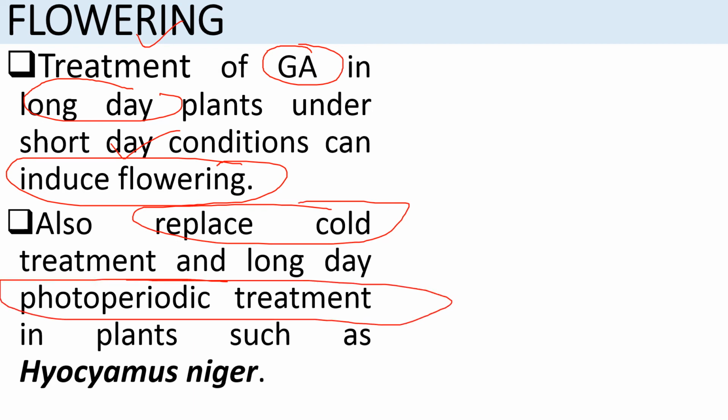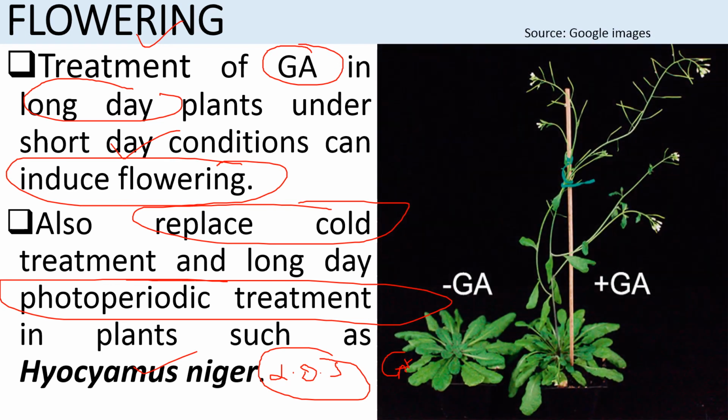For example, this is a plant which is known as Hyoscyamus niger, जो कि एक long day plant है, but इसमें flowering को short days condition में induce कर दिया जाता है by the application of GA, gibberellic acid. So this is without GA, this plant shows rosette habit, but when it is treated with GA, gibberellic acid, it will show this bolting phenomenon, and also there is formation of flowers.